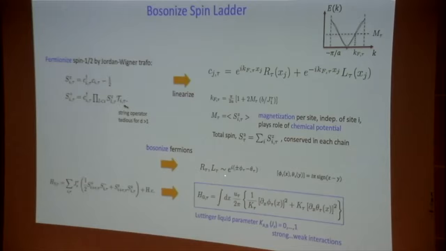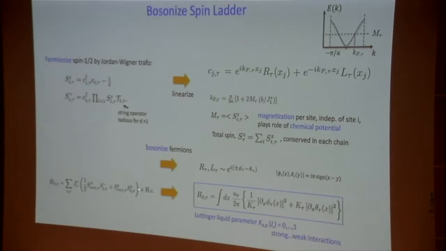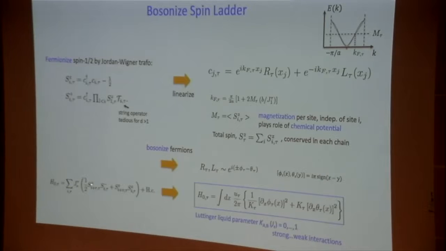And then in a further step, we go back to another representation, we bosonize the fermions, express them in terms of this exponential, because each chain is one-dimensional and we can do that. And we have bosonic fields satisfying standard bosonic commutation relations. So the conclusion is that the spin chain can be represented in terms of a Luttinger liquid system with Luttinger liquid parameters K for the chains A and B, which depend on the original exchange coupling constants.